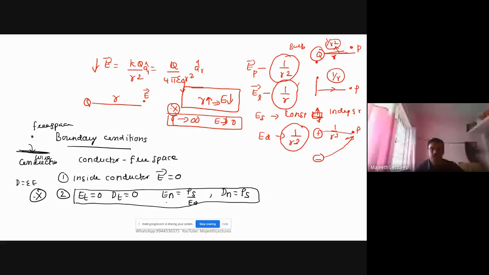That means they won't be tangential. They will be normal. Normal is not zero. So the electric field normal is given by rho s by epsilon naught. That is, the normal component of electric flux density is equal to rho s.